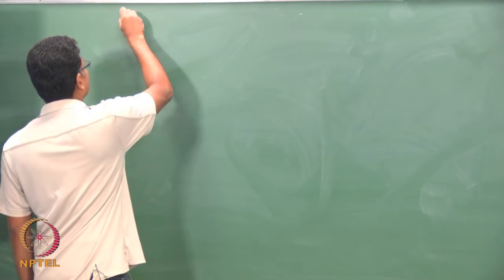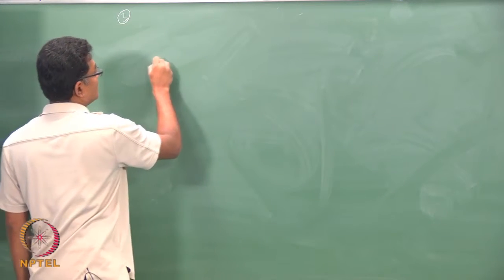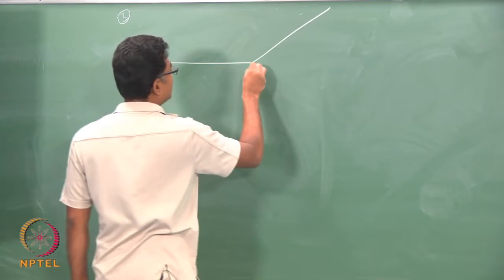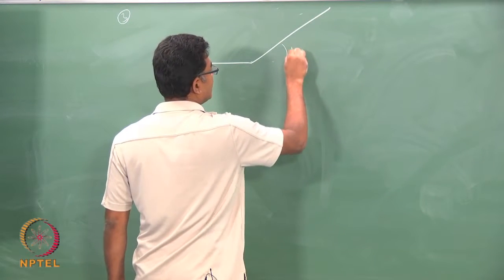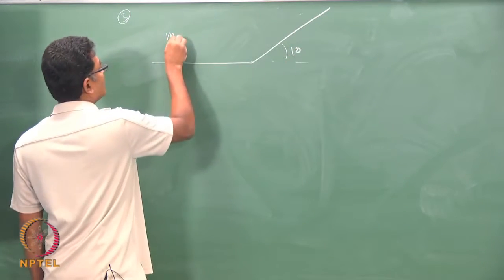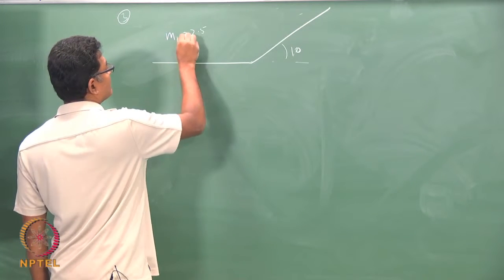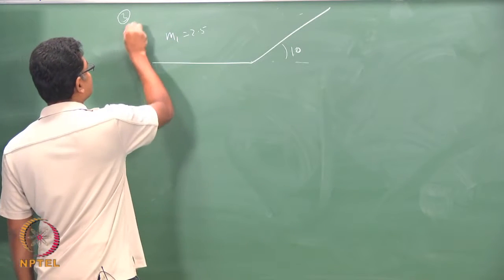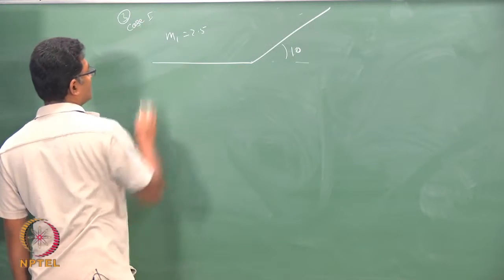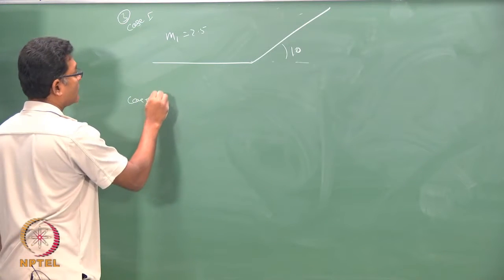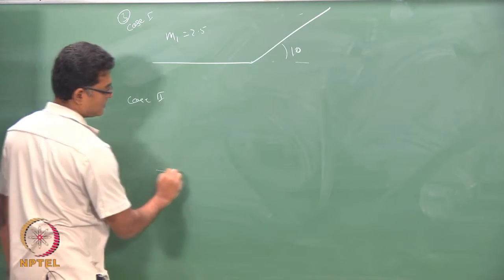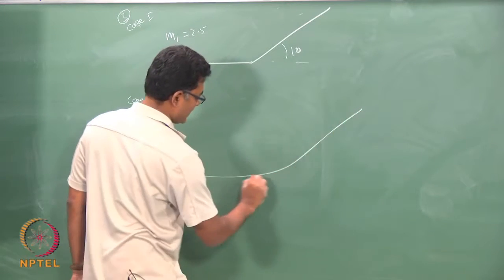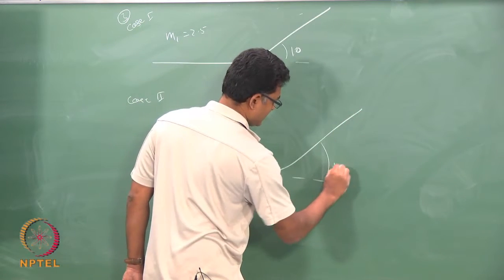So, question 3. I have a turn which is 10 degrees, M1 2.5. This is case 1. Case 2, again the turn angle is 10 degrees.